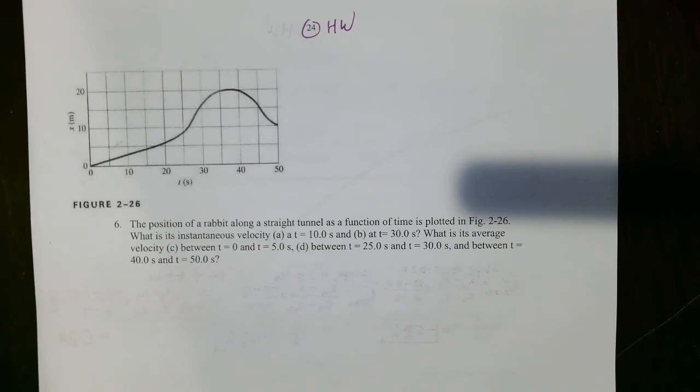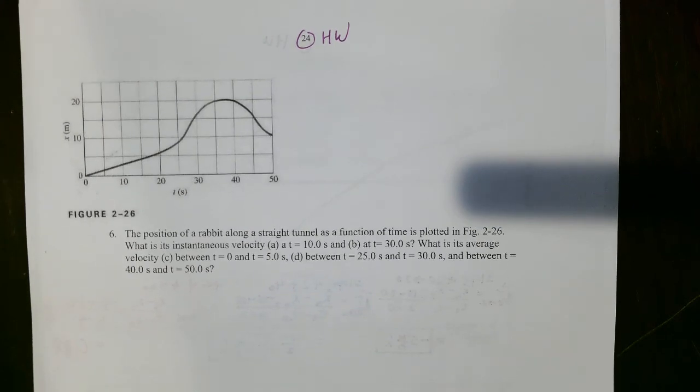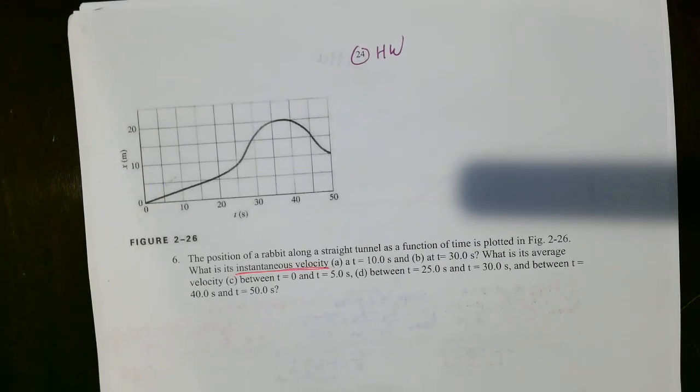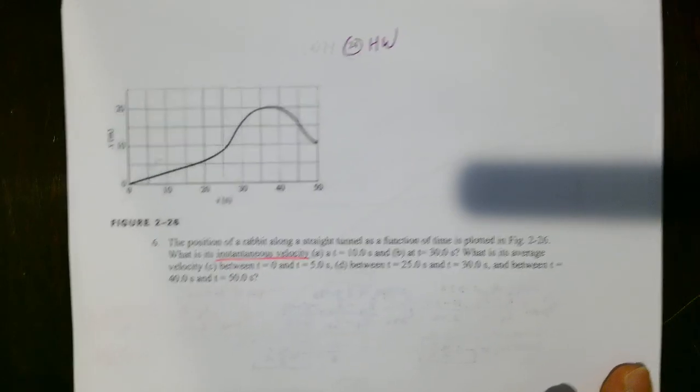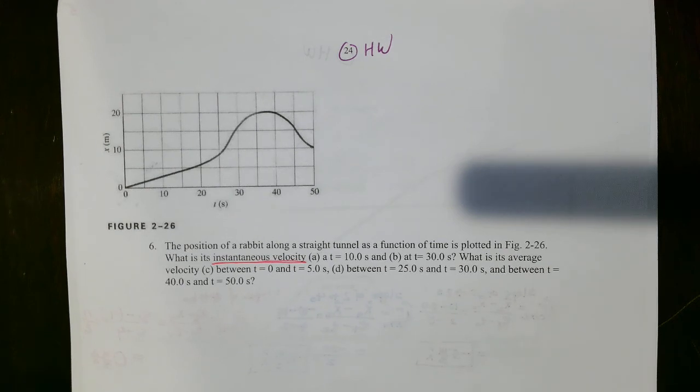So the position along the straight tunnel as a function of time is plotted in figure 2-26. What is its instantaneous velocity? Now, we really didn't talk too much about instantaneous velocity. But those of you who are taking calculus or who took calculus already know that instantaneous velocity can be calculated by finding the slope of a tangent line at that particular time.